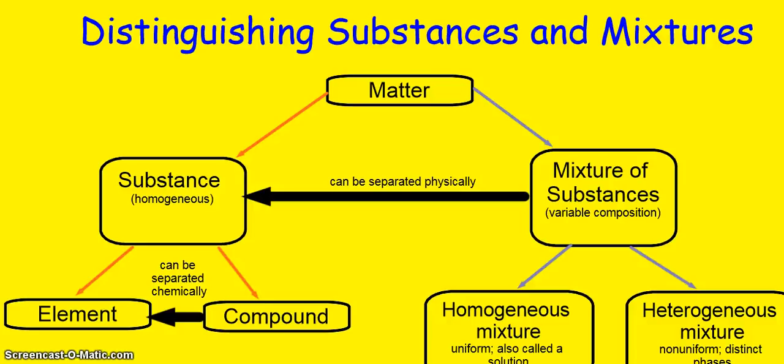You have your pure substances, which is going to be made of all the same types of particles, or you have your mixtures of substances, where you're going to have different types of proportions of things in there.